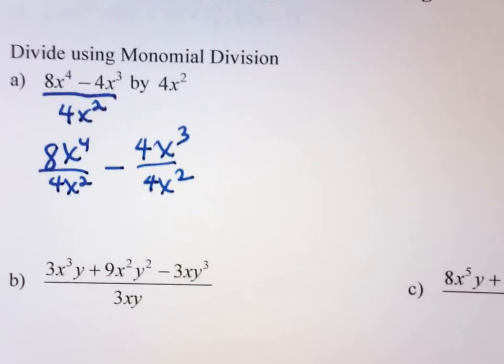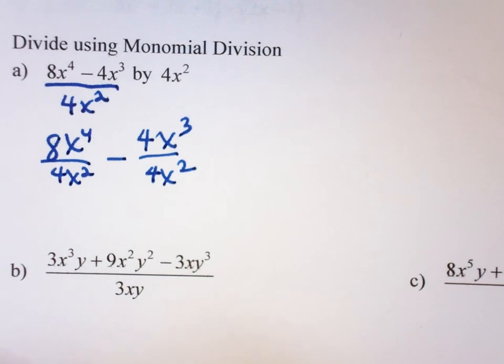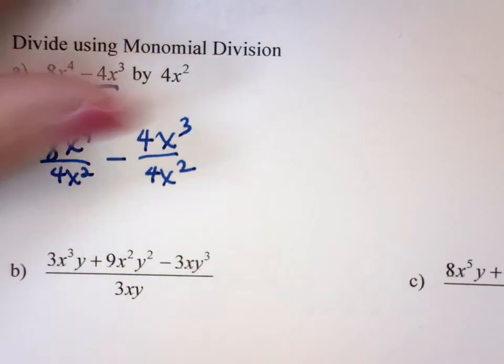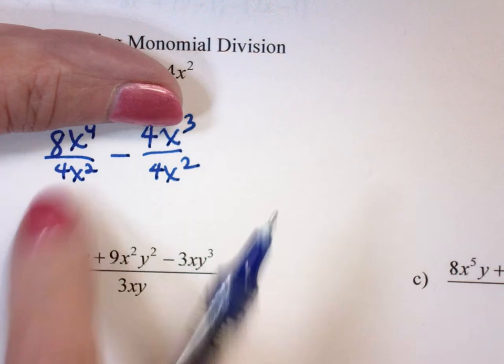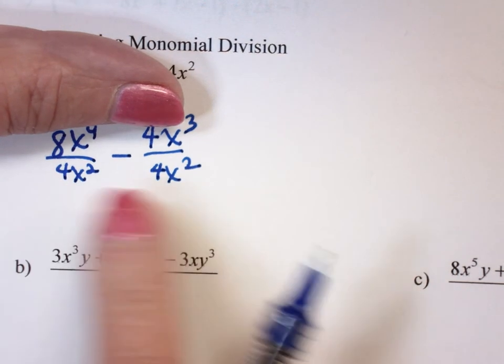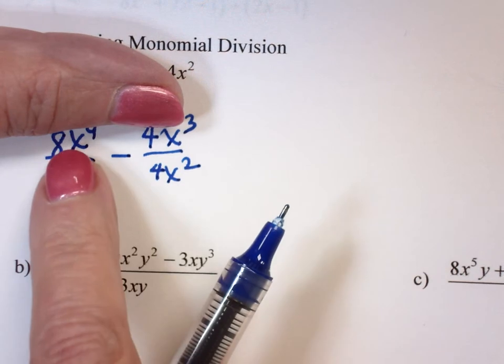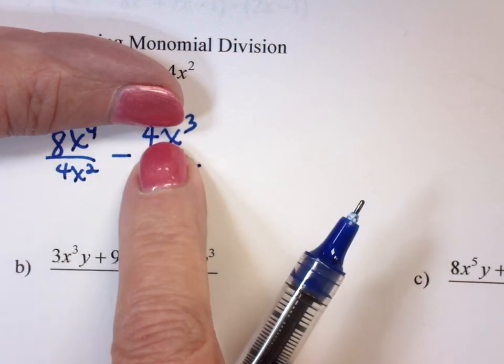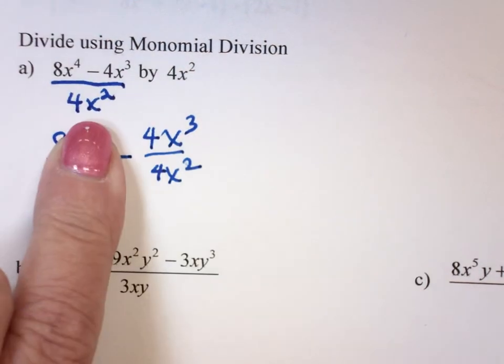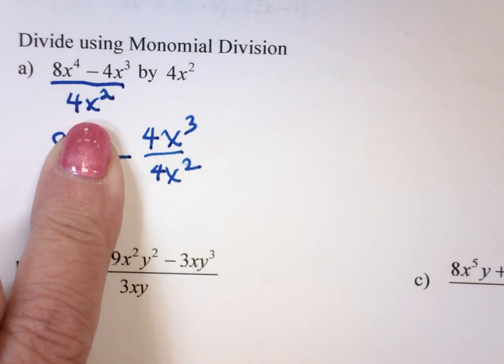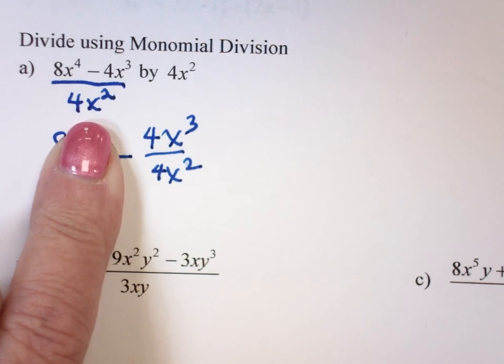Now we've been adding and subtracting with same denominators. This is a problem like we did last week. I have the same denominator, and then what do I do? Subtract the numerators, and that's what you have. It's kind of like unadding and unsubtracting using a monomial.